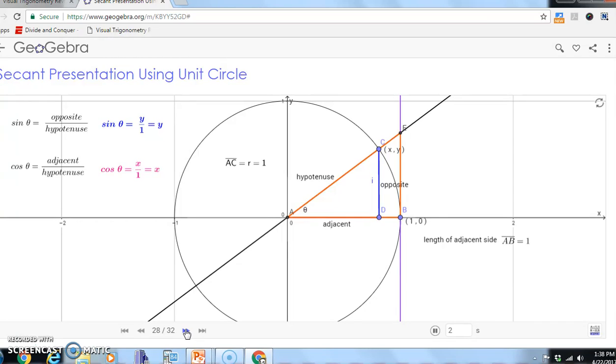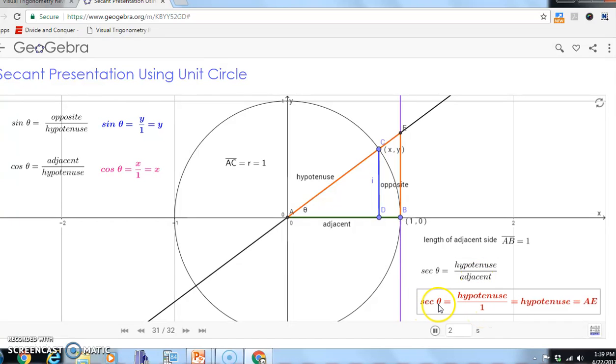If we remember our definitions for the secant function, we know that secant is hypotenuse over adjacent. And I have the side adjacent here now highlighted in green, and that is 1 unit. My hypotenuse is segment AE. And so I can say that my secant of theta is hypotenuse over 1, since my adjacent side was 1 unit long.